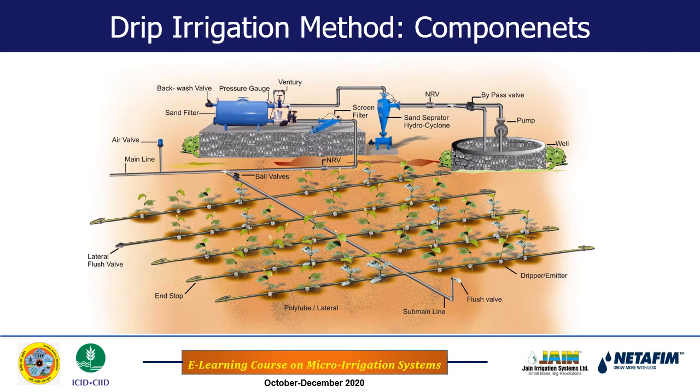Now if you see the laterals, they are on both sides of the submain. It is not necessary all the time that laterals have to be on both sides of the submain. Laterals could be on only one side of the submain depending on the field geometry. At the head of the submain, there is one ball valve.